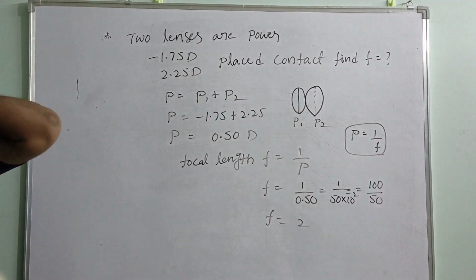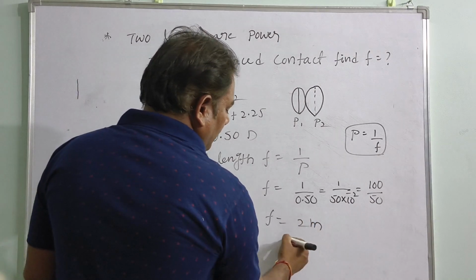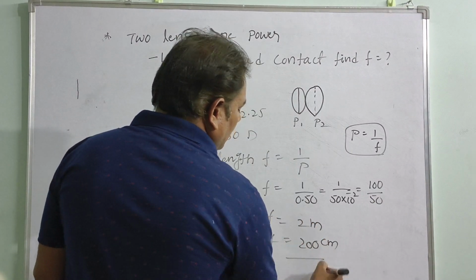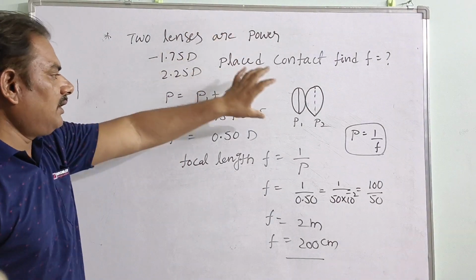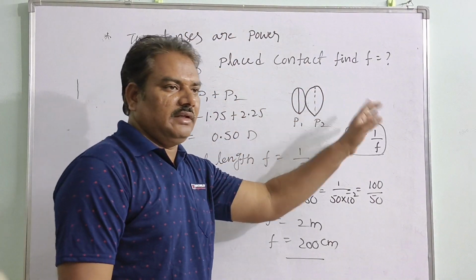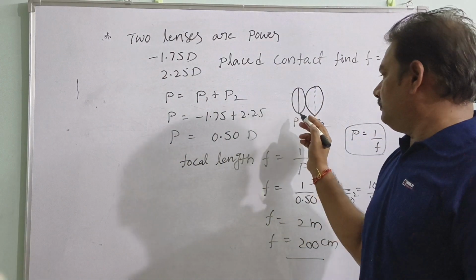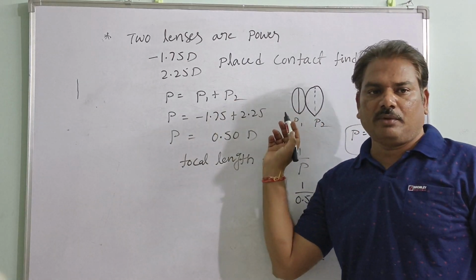So 2 meters, that equals 200 centimeters is the focal length. Let the two lenses be one lens having power P1 and another lens having power P2.